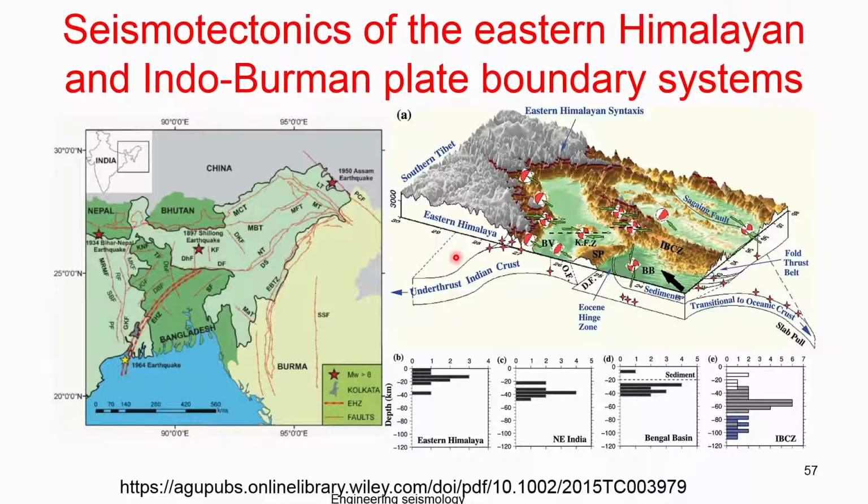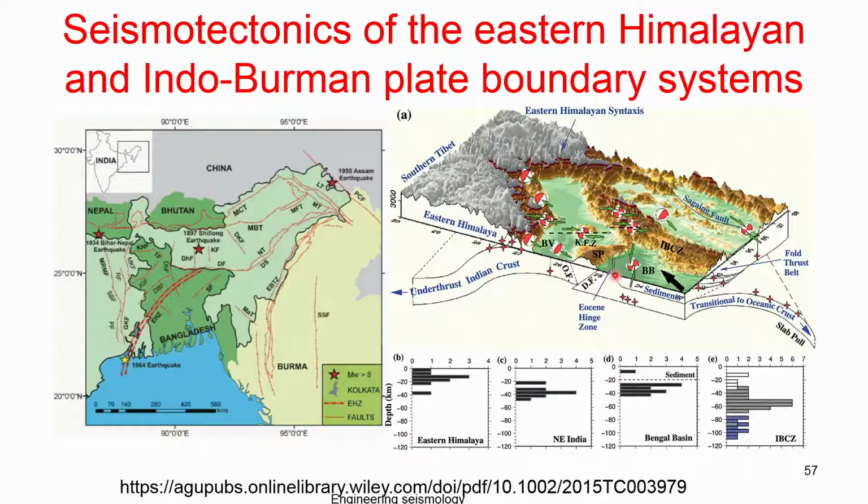Further, we can see how the earthquakes are spatially distributed in this plate. You can see the seismotectonics of the Eastern Himalaya and Indo-Burma plate, how the earthquakes occur at different faults, underneath the Indian crust, the transitional oceanic crust, and the fold crust. You can see the southern Tibetan, Eastern Himalayan syntaxis, and the different faults previously mentioned.